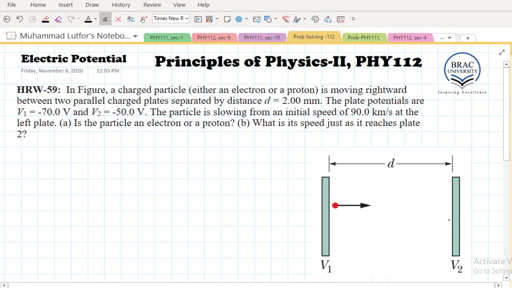Now the question they ask is whether the particle is an electron or a proton, and what is its speed just as it reaches plate 2. Look at the given information: the potential of plate V1 is minus 70 volt and V2 is minus 50 volt.